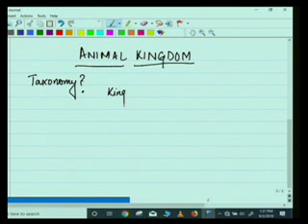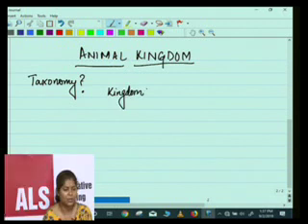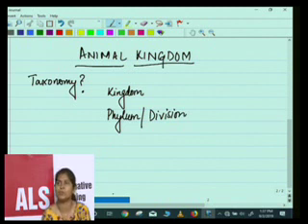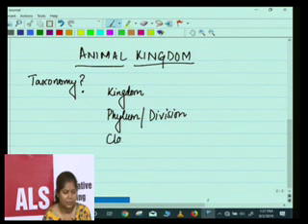And what is taxon? See, when you talk about taxon, you talk about kingdom, you talk about phylum. Sir must have told you the word phylum is not used in plants, and we use a word called division. Then we have class, followed by order.